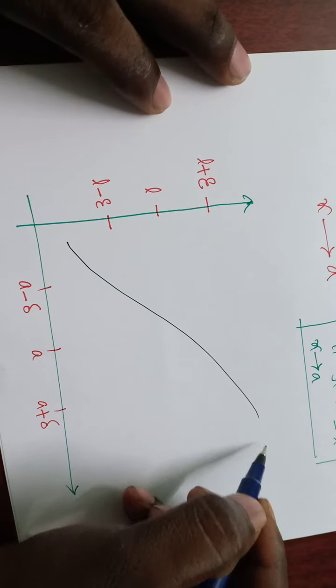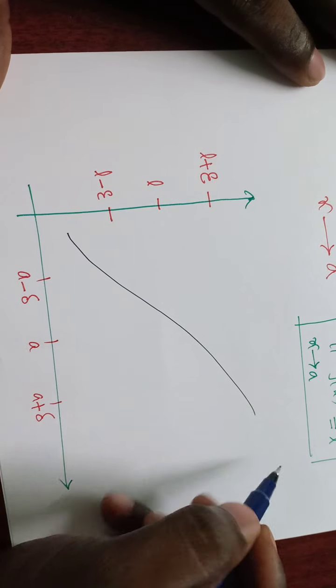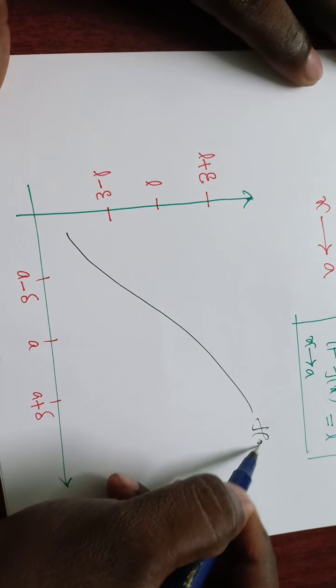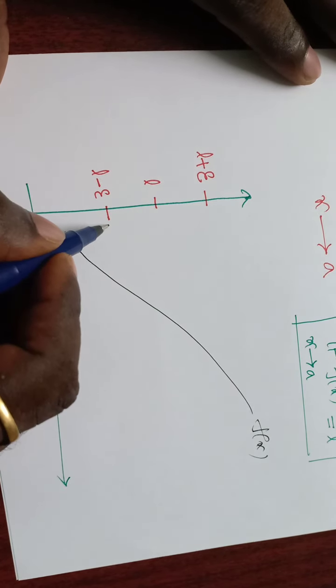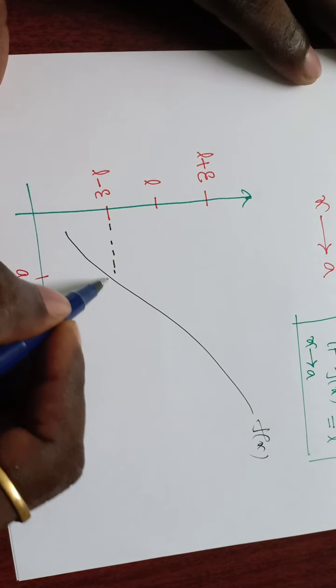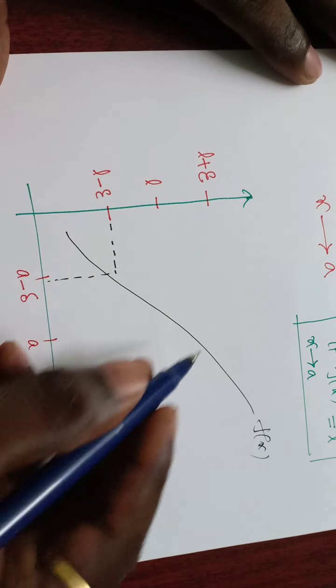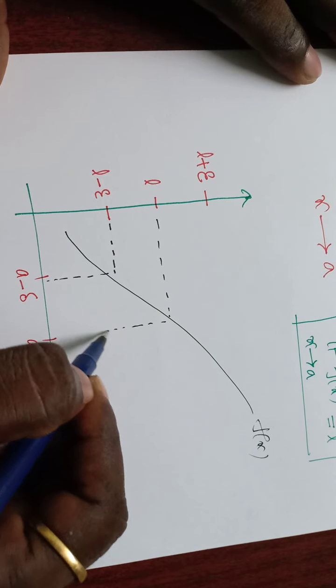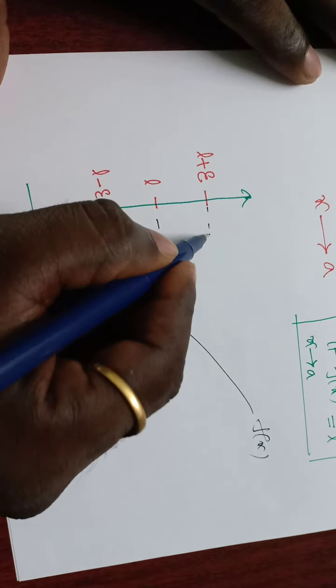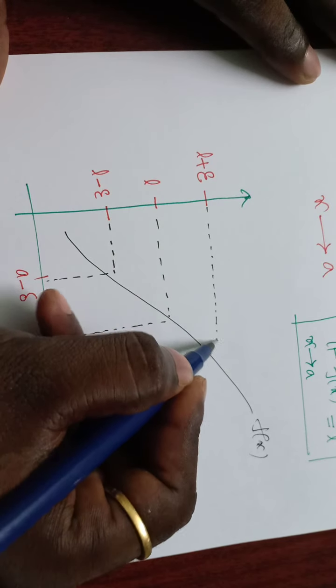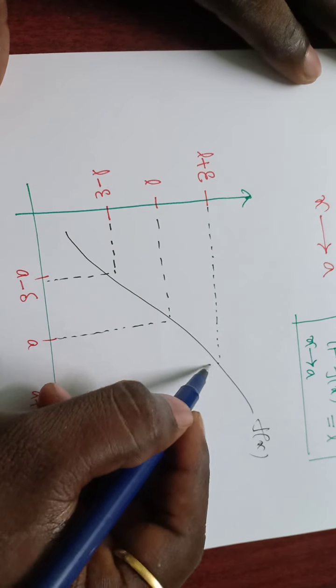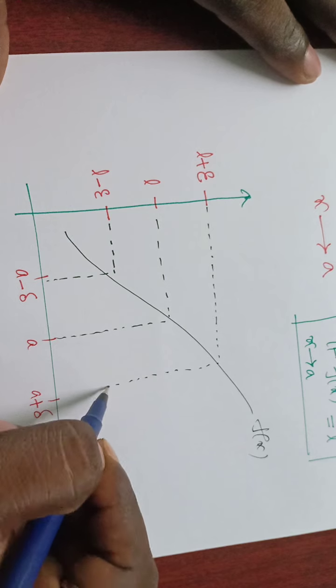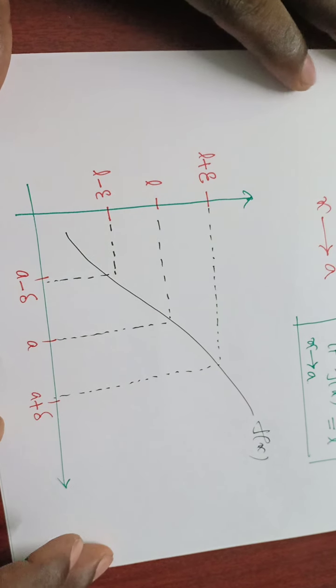So here it is f of x, the function. So these are the possibilities.